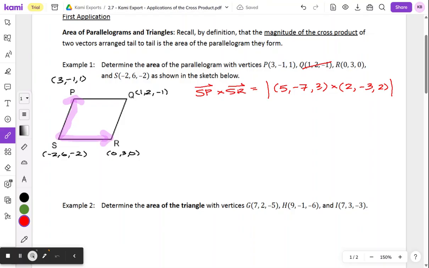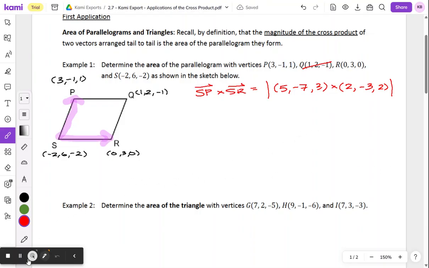Okay, so here I've calculated SP and SR. Remember we do P coordinates minus the S coordinates. So 3 minus 2, -1 minus 6, and 1 minus 2, etc. I'm not going to go through all of that.